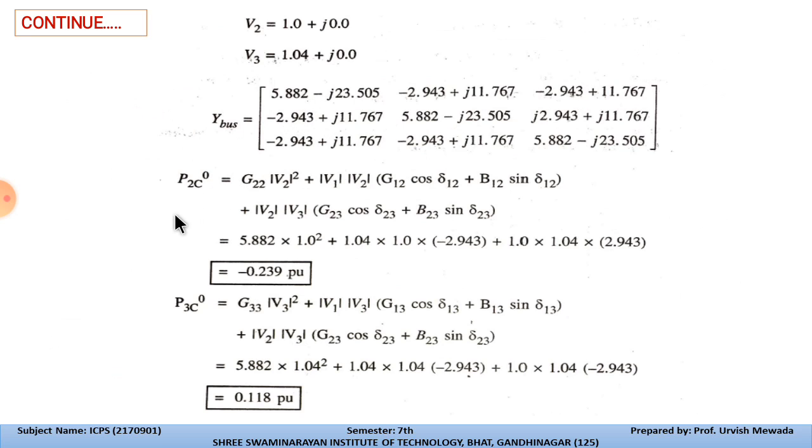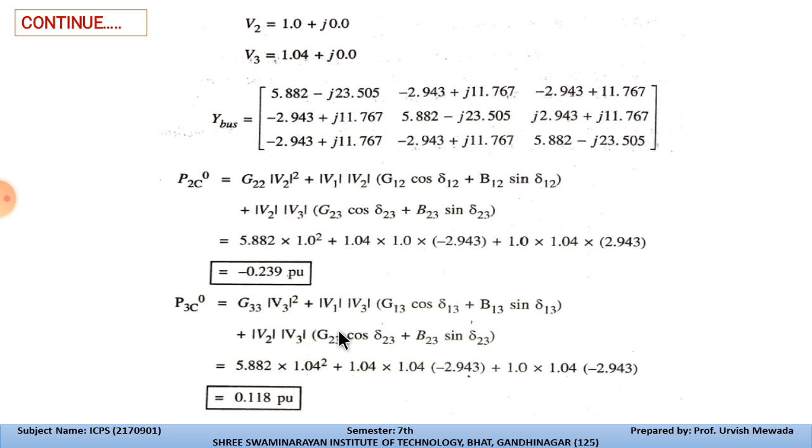So we compute P2 power at bus number 2, P2 superscript 0. The equation that we already wrote for this method is G22 V2 squared plus V1 V2 times G12 cos delta 12 plus B12 sin delta 12. We have all the values of G22, V2, V1, V2, G12, cos delta 12.